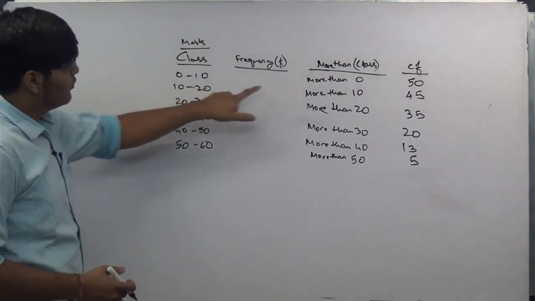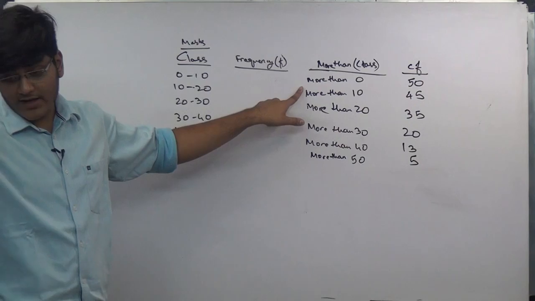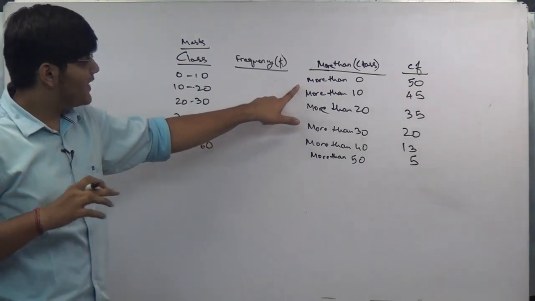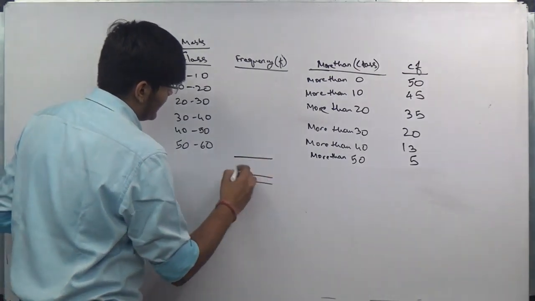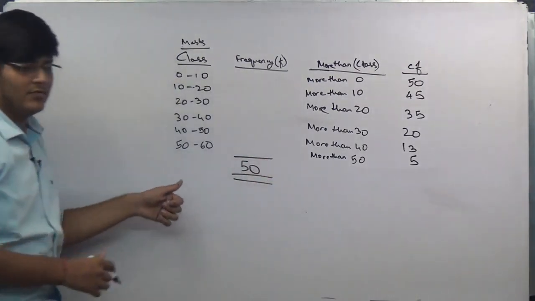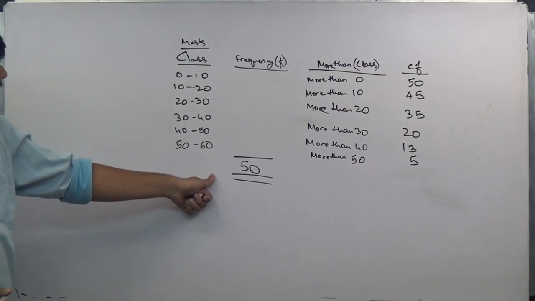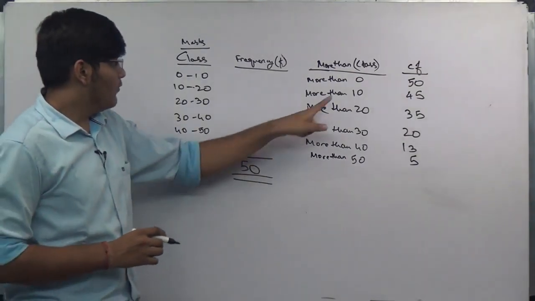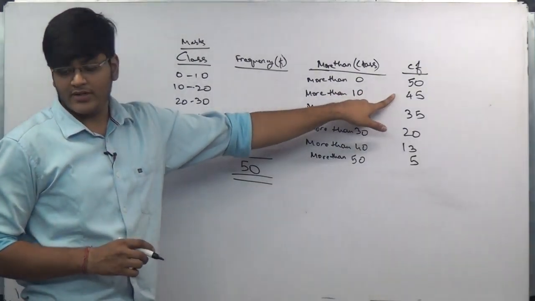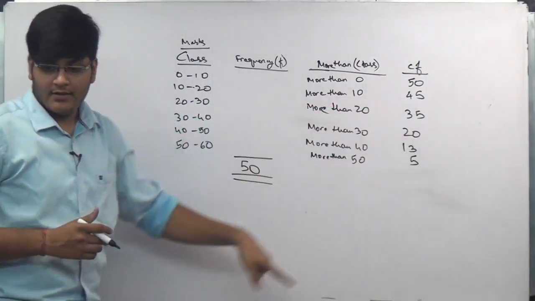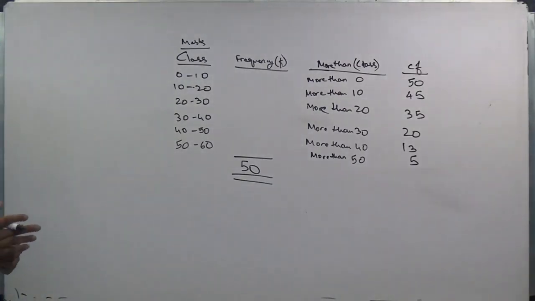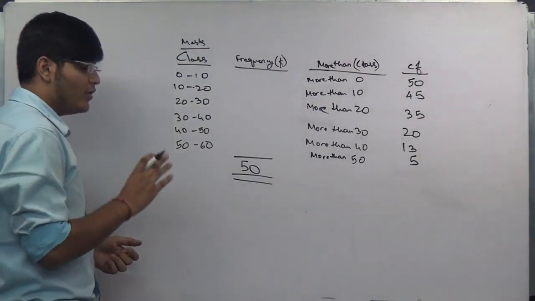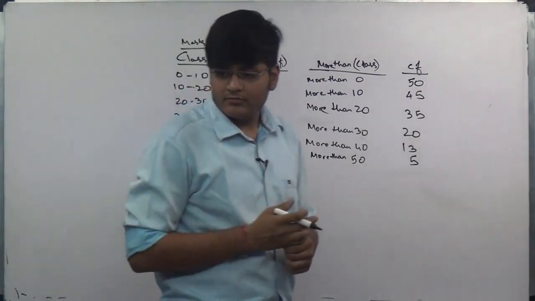Okay. So more than 0 they have given. That involves all the people. So total, write down 50. More than 10 involves all the people who have scored above 10.